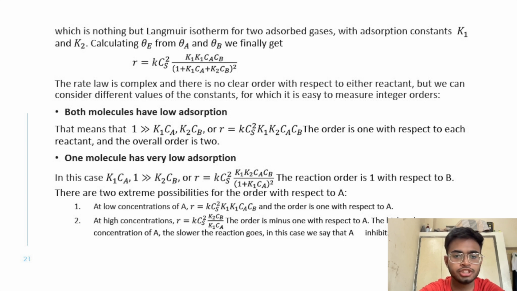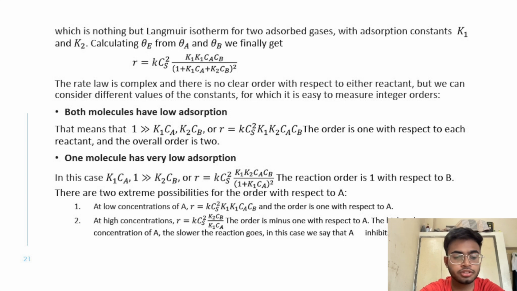The reaction order is 1 with respect to B. There are two extreme possibilities for the order with respect to A. At low concentration of species A, the rate further simplifies to R is equal to K times concentration of S squared times concentration of A times concentration of B times K1 and K2, and the order is 1 with respect to A.